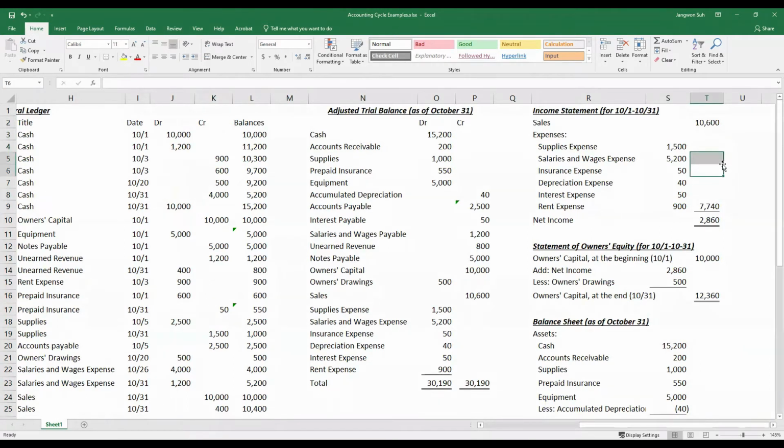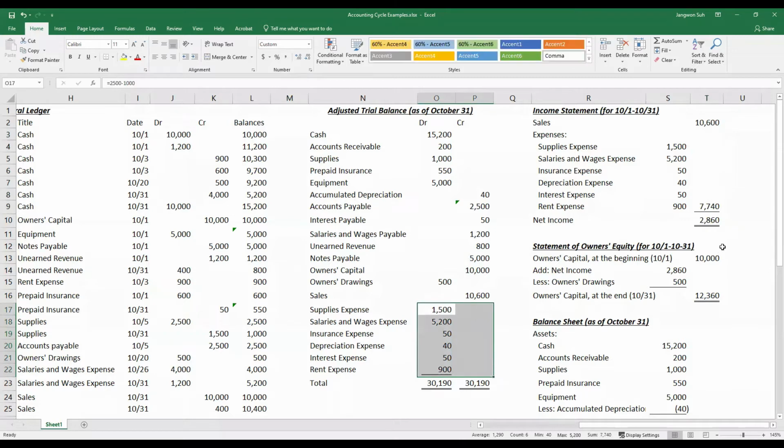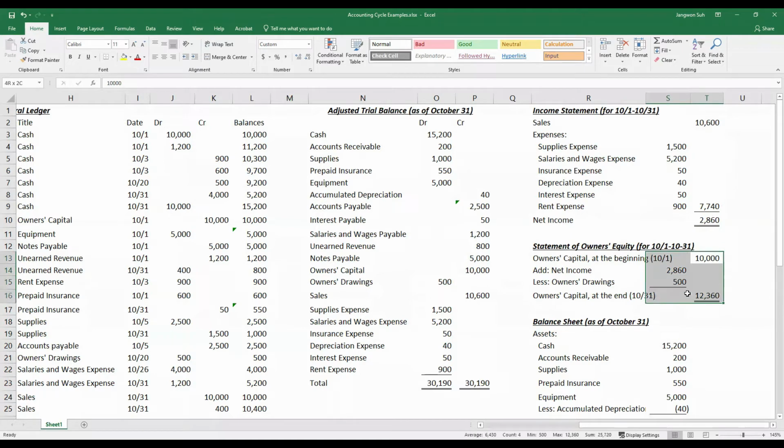Okay, cool. That said, my question was, yes, these numbers are from the adjusted trial balance. Then what about this one? Yes, from the adjusted trial balance. Net income from here, owner's drawing from here, and owner's capital ending. It is based on a calculation, right?